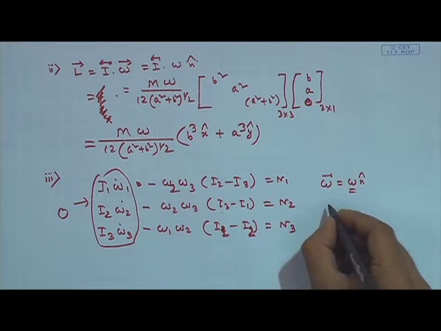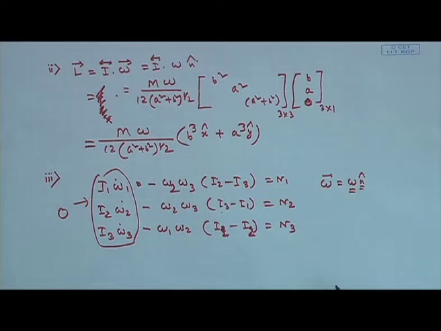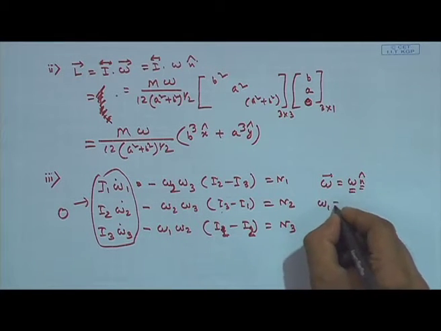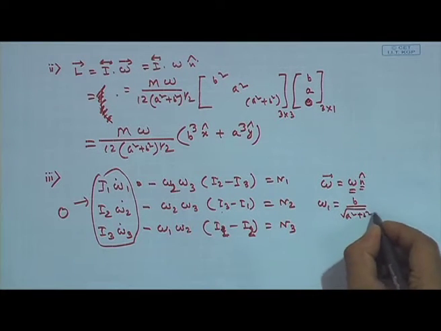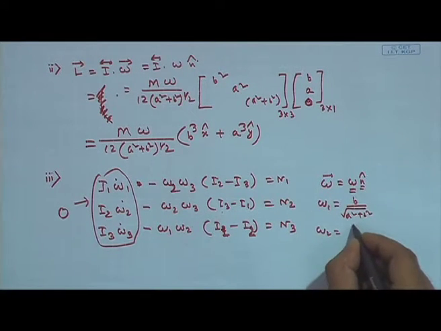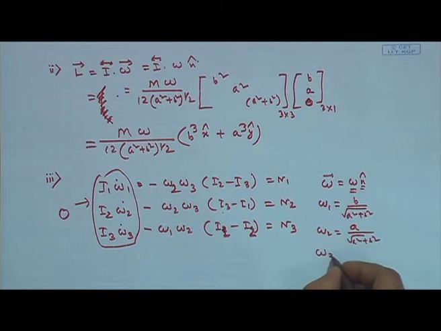And we see n only has x and y components, so there is no z component of n. So omega 1 is equal to b by root over a squared plus b squared, and omega 2 is equal to a by root over a squared plus b squared, and omega 3 is equal to 0.